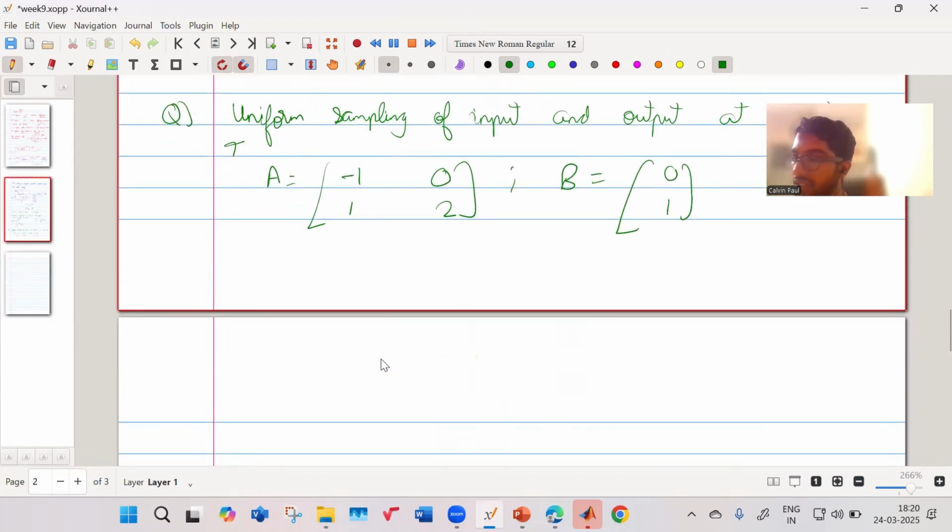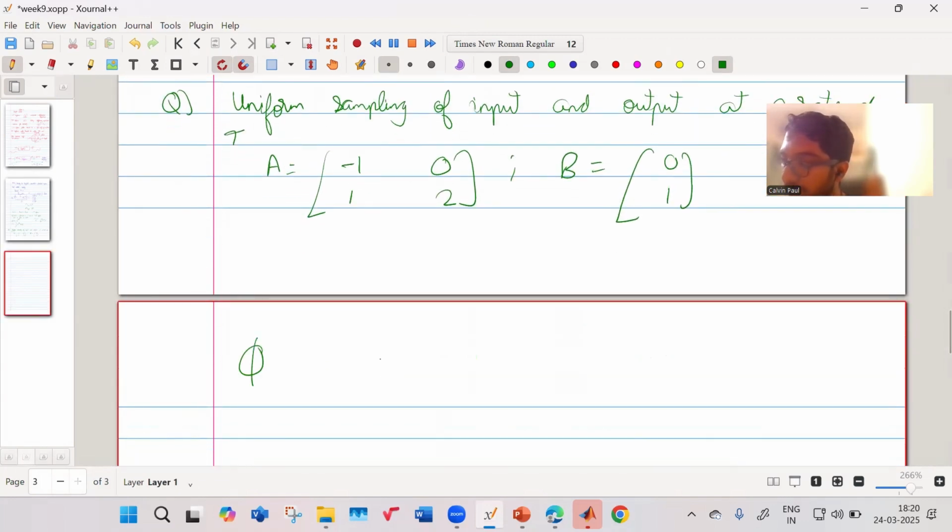So this is my A matrix, right? My phi of T is equal to e to the power A into capital T. Let me make it simple: my phi of small t is equal to e to the power A t. This is basically the state transition matrix. So how do you find the state transition matrix? The easiest way, which I prefer and is easy for me to remember, is using the Laplace transform.